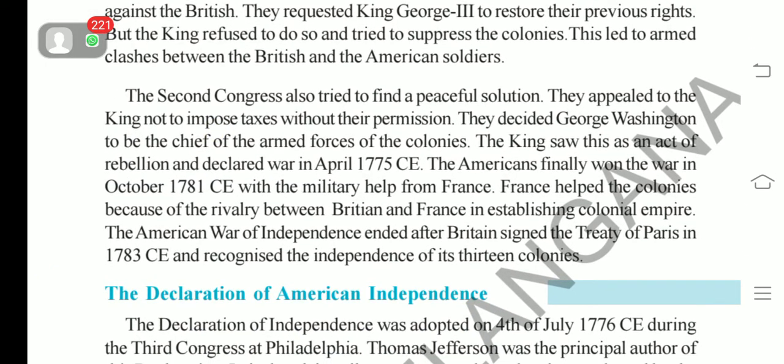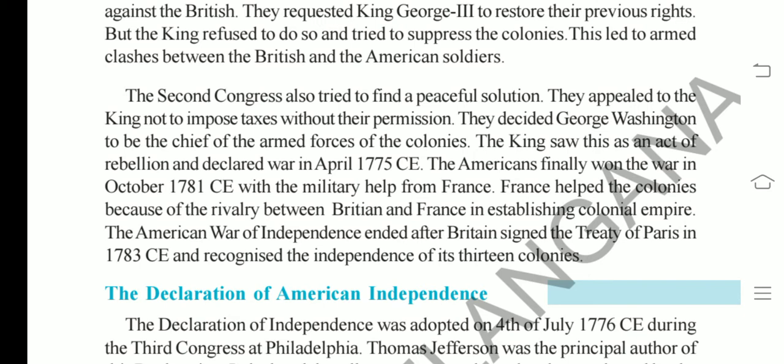Understand? With the military help of France. France and England had some enmities. So France supported the American people. Keep this point in mind, my dear students, because we will discuss the French Revolution, and there we will recall this point again.